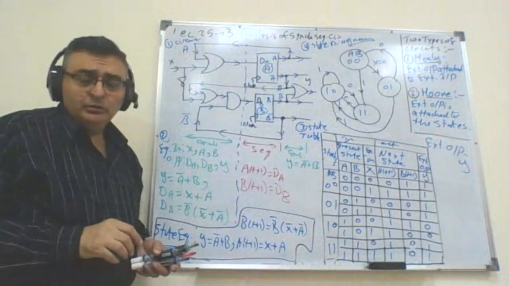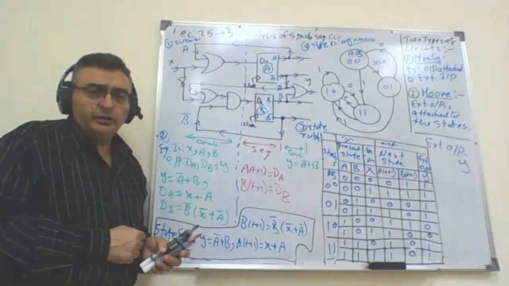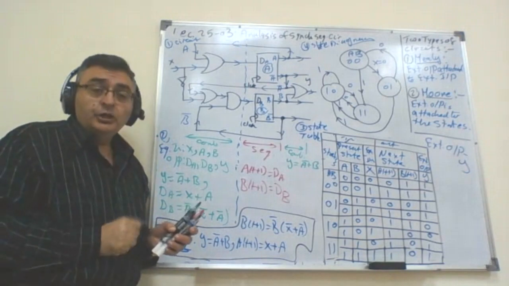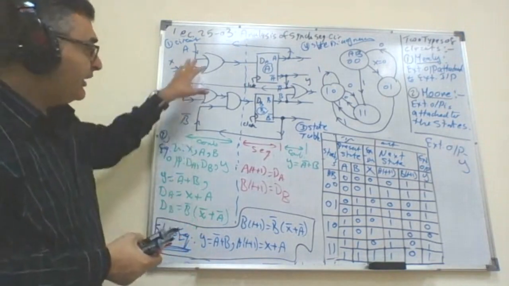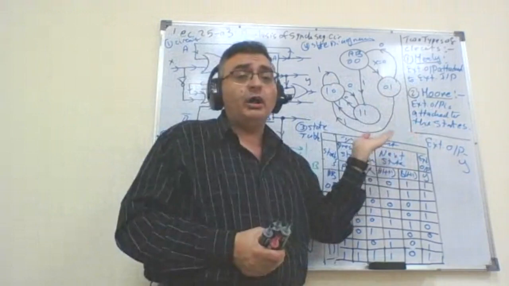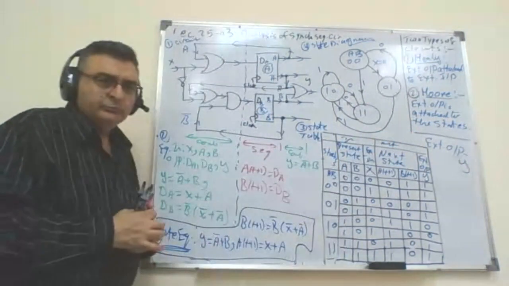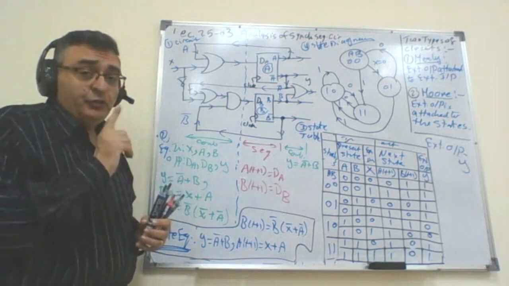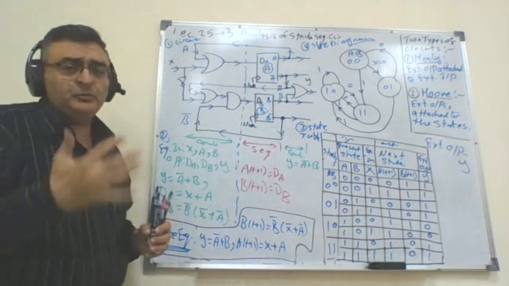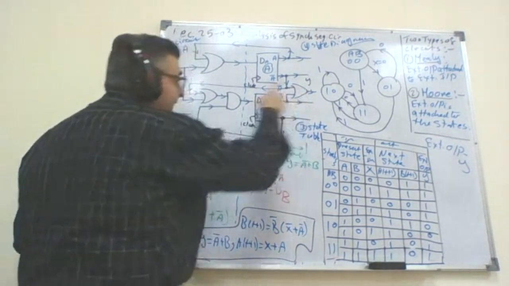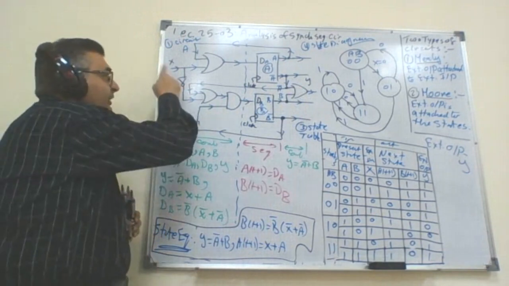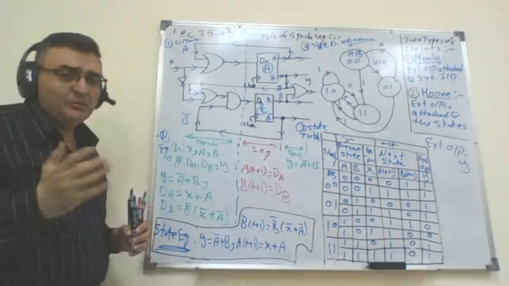How do I know that the circuit is Mealy or Moore? The external output is attached to the states or attached to the external input. You can identify that from any of three things, which will affect how you will draw the Y in the state diagram. If Y has a direct path through logic gates only to the external input, that means it is Mealy.